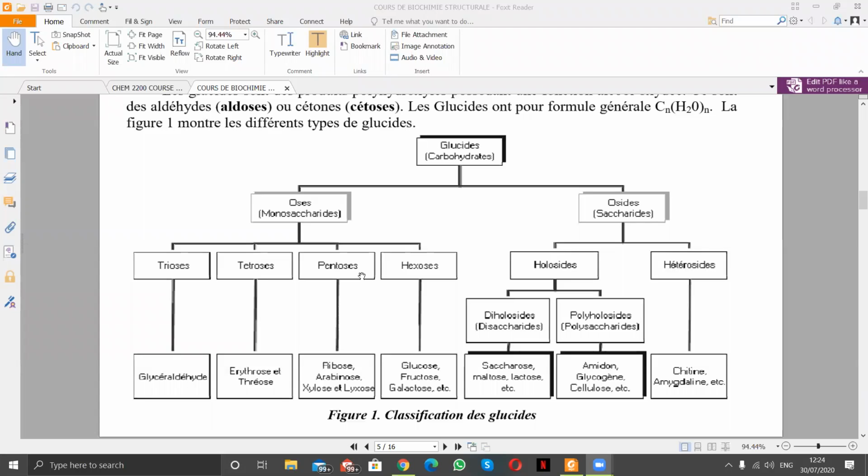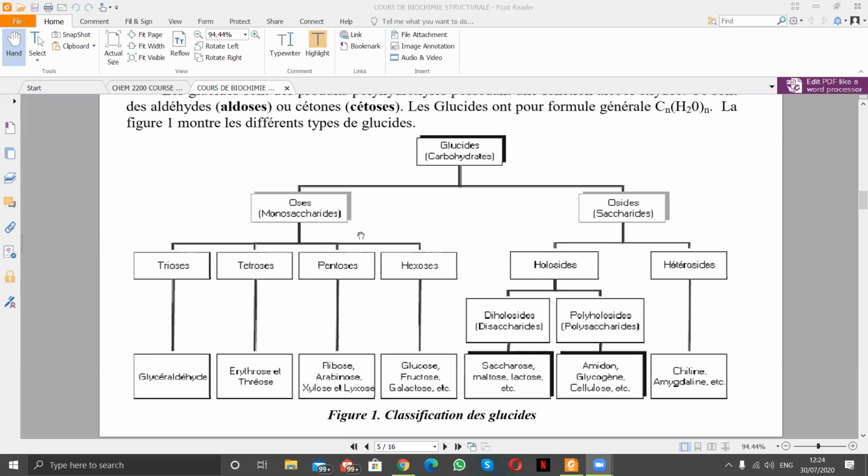Let's look at monosaccharides. What are monosaccharides? Monosaccharides are simply simple sugars, or the basic unit of carbohydrates. They are the fundamental unit of carbohydrates.